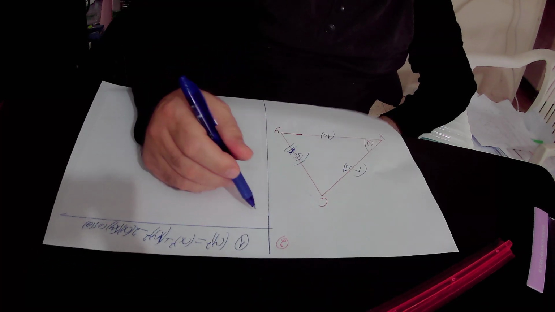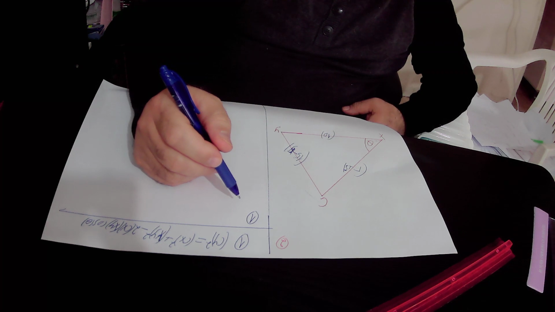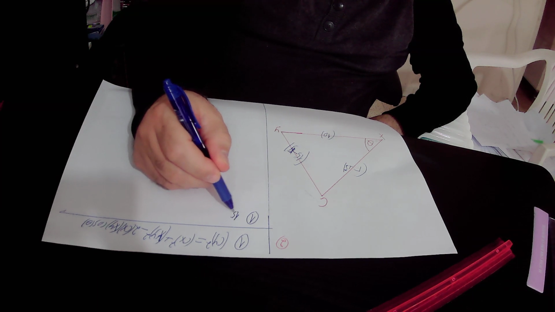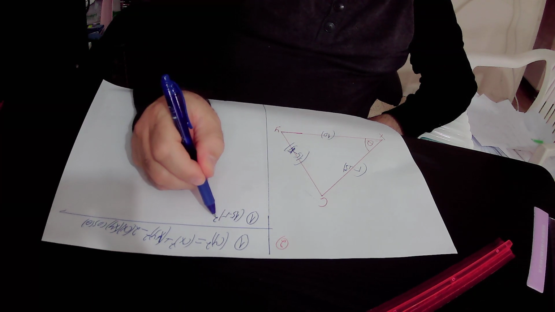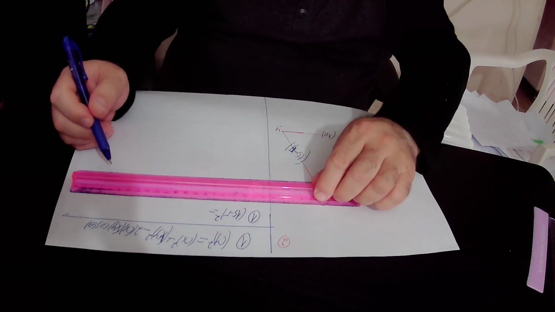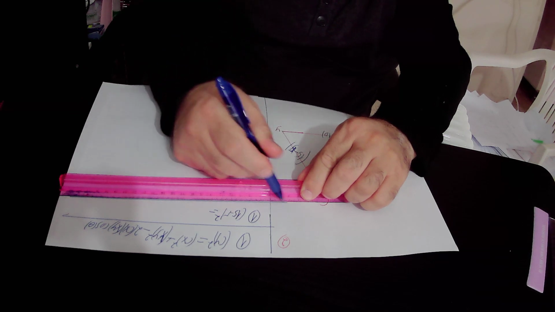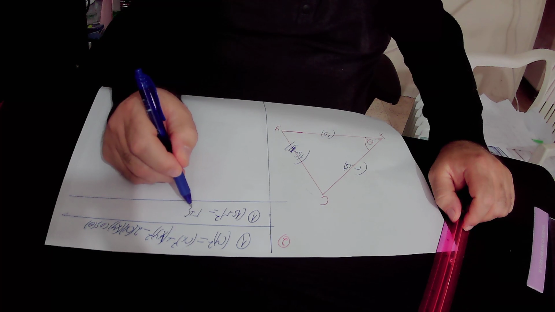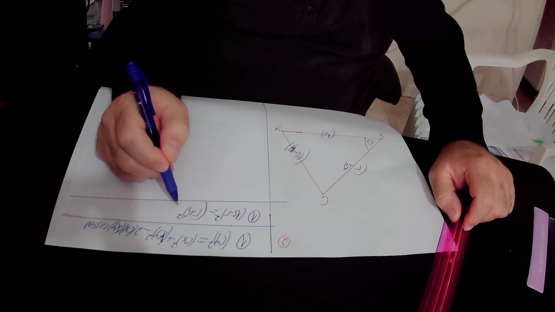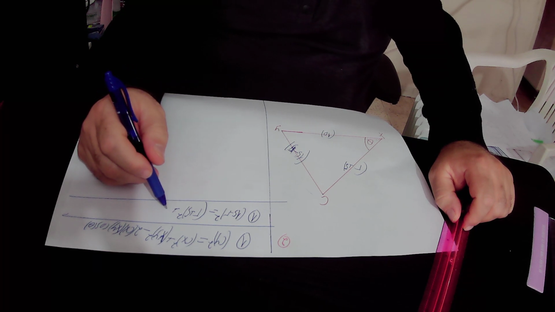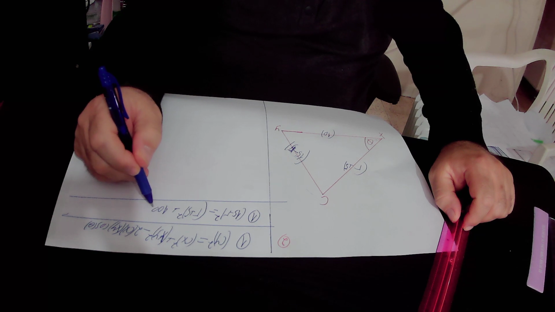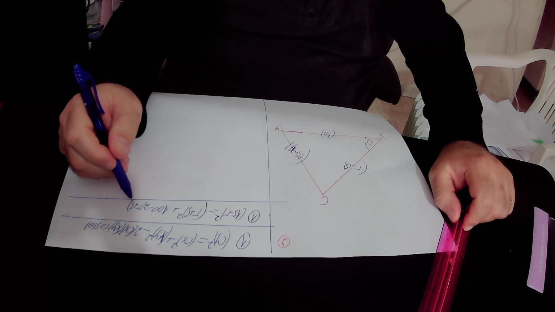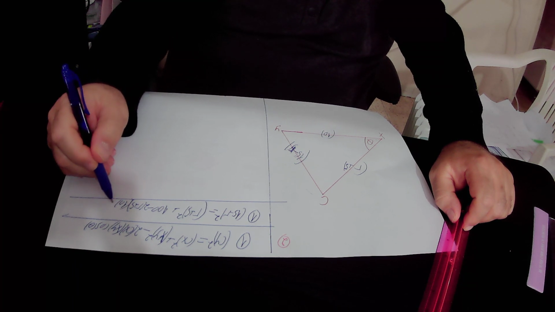According to equation number 1, CY squared equals 15 minus r squared, that is equal to CX squared, which is r plus 5 squared, plus XY squared, which is 10 squared, that is 100, minus 2 times r plus 5 times 10 times cosine theta.